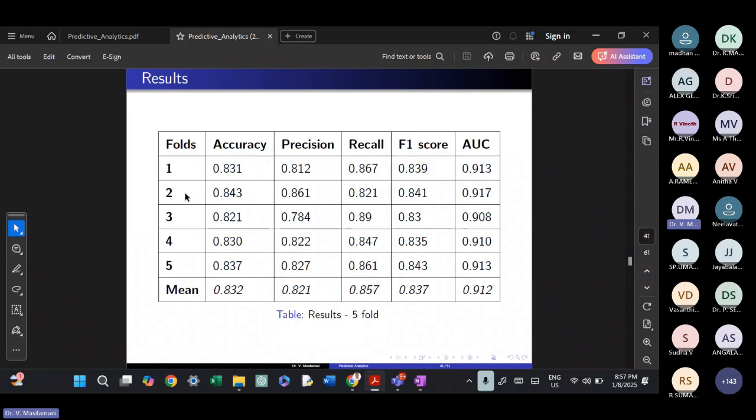You take the training data set into two, and with the first part you train, and second part again you train, and get the results, right, and take the average of that. So that is what is given here, right? When it is k-fold, you divide the data set into k sets, and drop one at a time, and train with others, and test with the dropped one, like that.